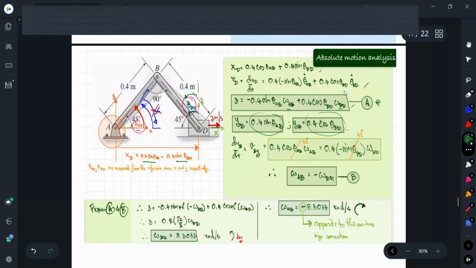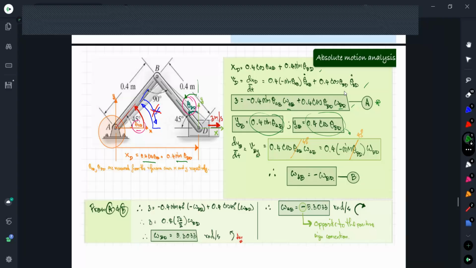If we use BD instead, we have 0.4 minus sine theta BD omega BD. But we know that theta AB and theta BD are equivalent, equal to 45 degrees, so sine and cosine cancel out.